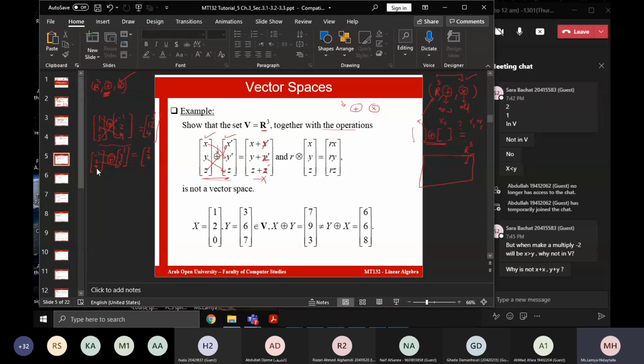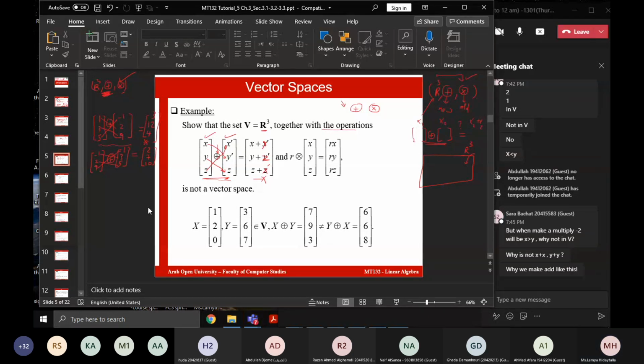So it's clear it's not the same. 9 plus 1 is 10. So it's clear they are not equal as per the new way he defined the addition. So that means it's not a vector space.